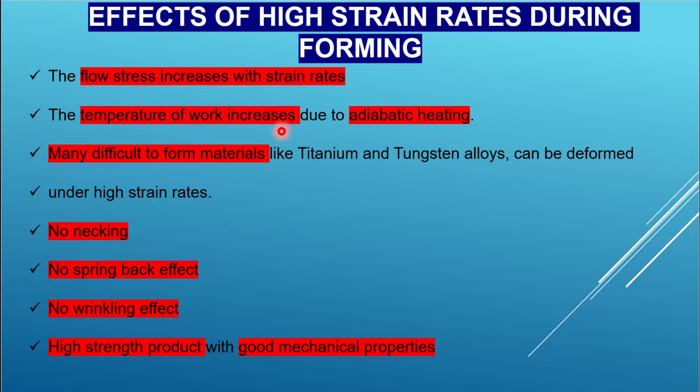Temperature of the work increases, because high strain rate means we are giving a particular amount of strain in a small interval of time, right? So the temperature of the work increases due to adiabatic heating, because we are not giving any time for the workpiece to dissipate the heat. So heating almost happens at constant temperature.